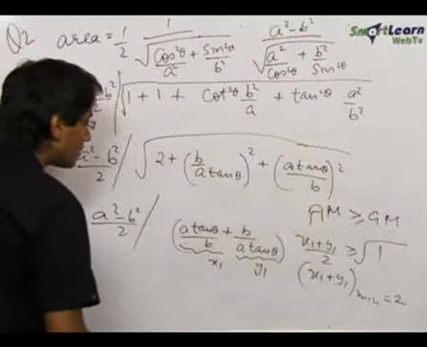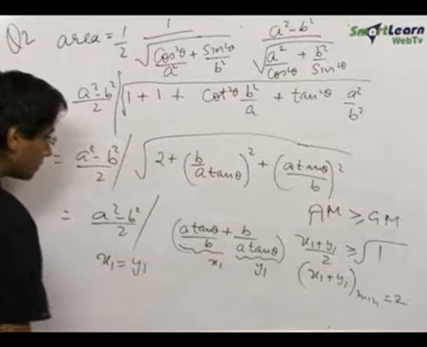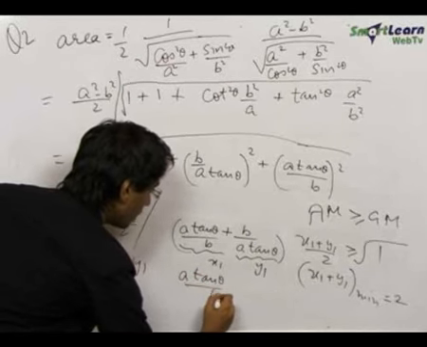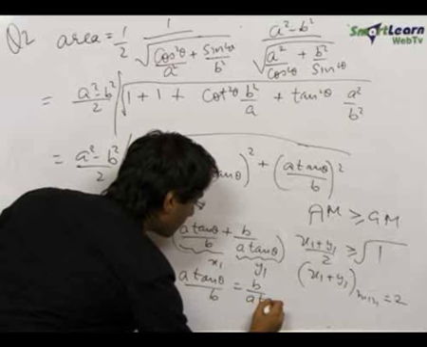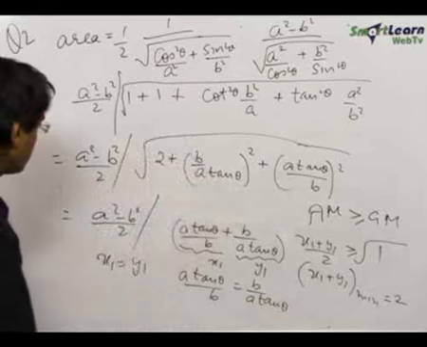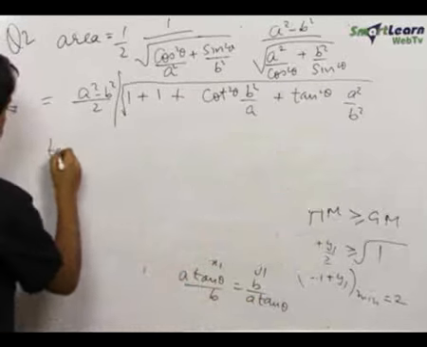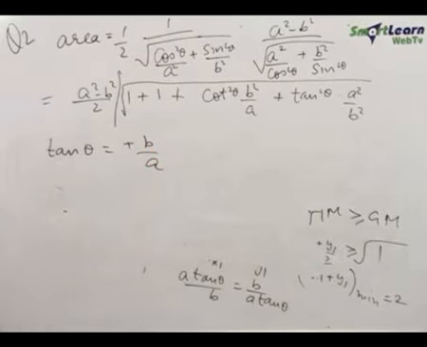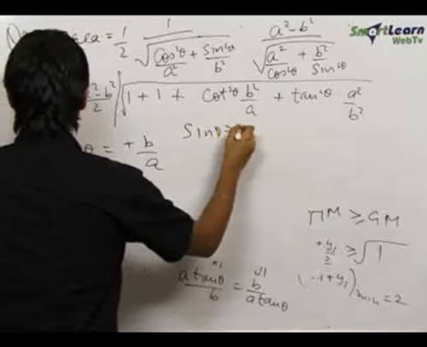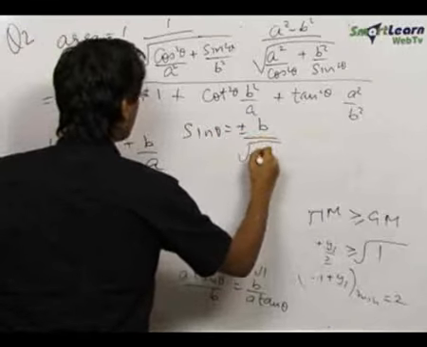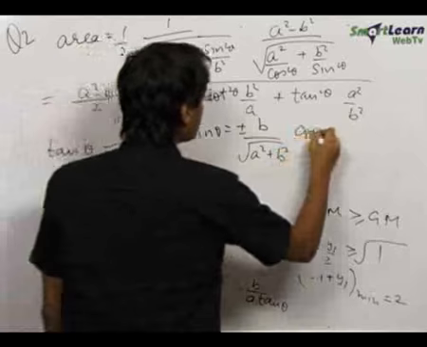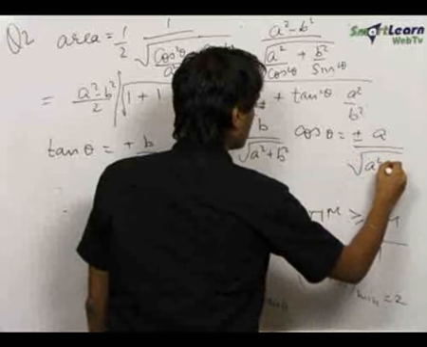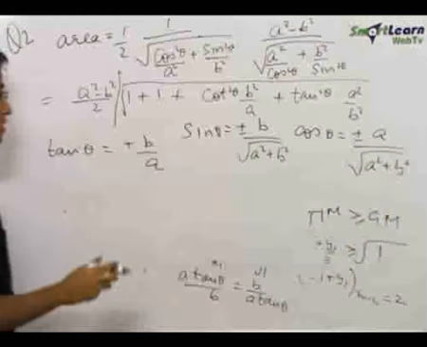The minimum value occurs when x1 is equal to y1, that is a tan theta by b is equal to b upon a tan theta. This gives tan theta equal to plus minus b upon a, which gives sin theta equal to plus minus b upon under root a square plus b square, and cos theta equal to plus minus a upon under root a square plus b square.